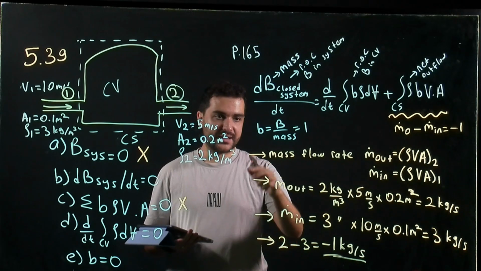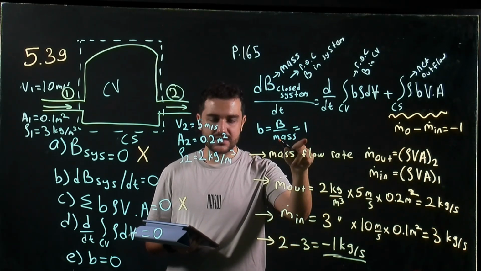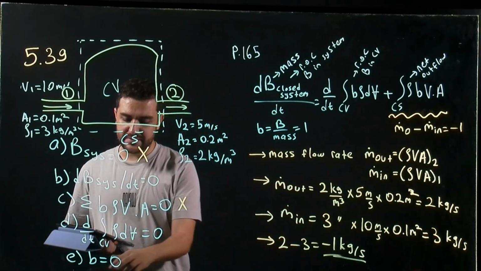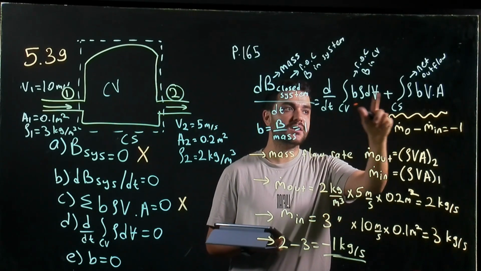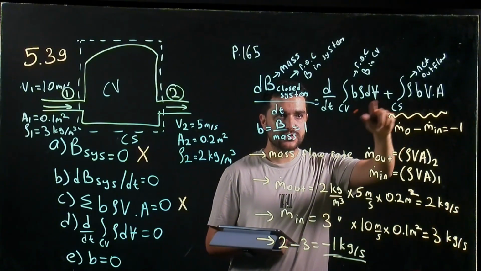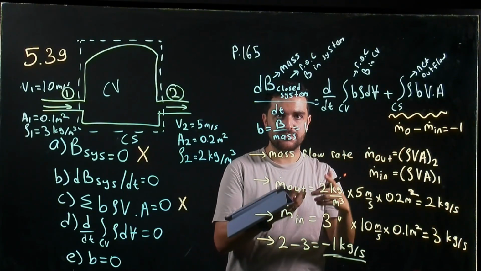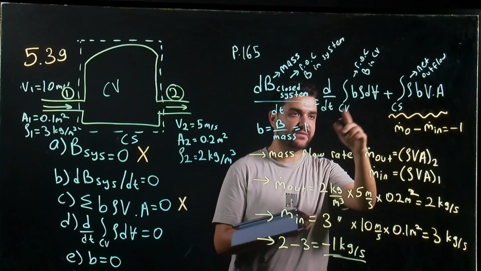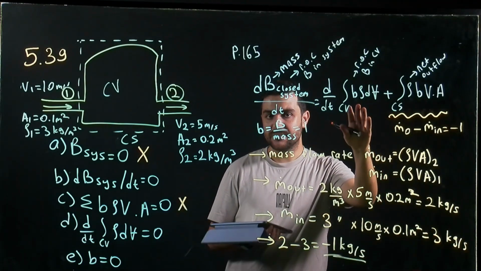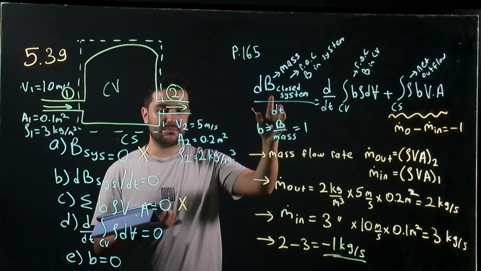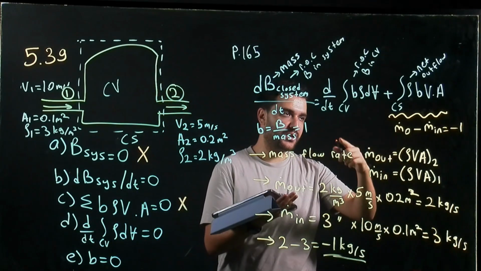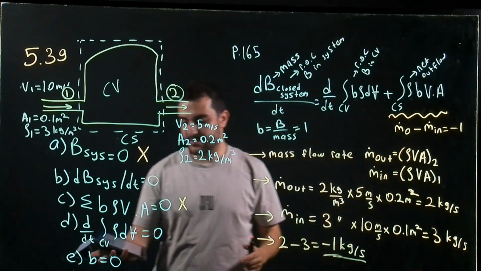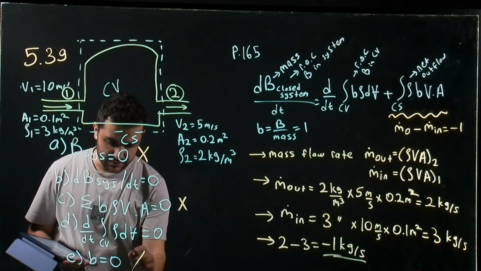I already explained that it is 1 in this case, but also if it was 0, we would have 0 here and we would have 0 here, so everything will be 0 in that case. However, we already have inflow and outflow, so we cannot say b is 0. So this is also wrong.